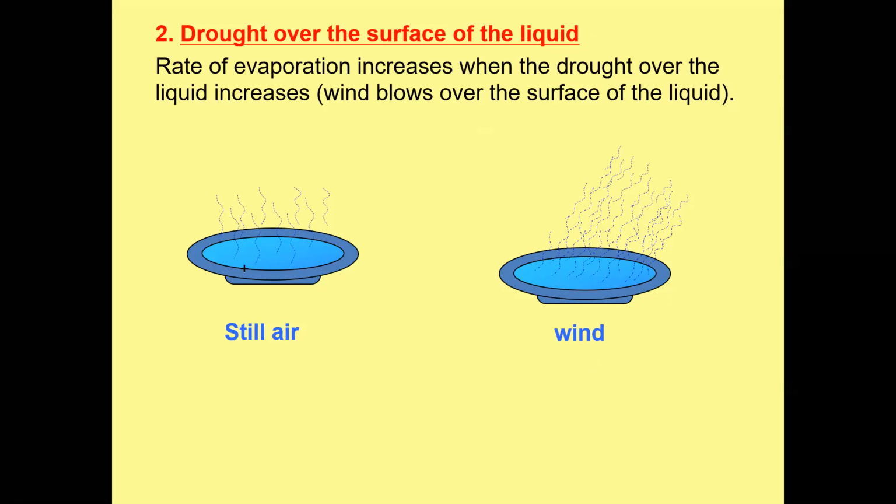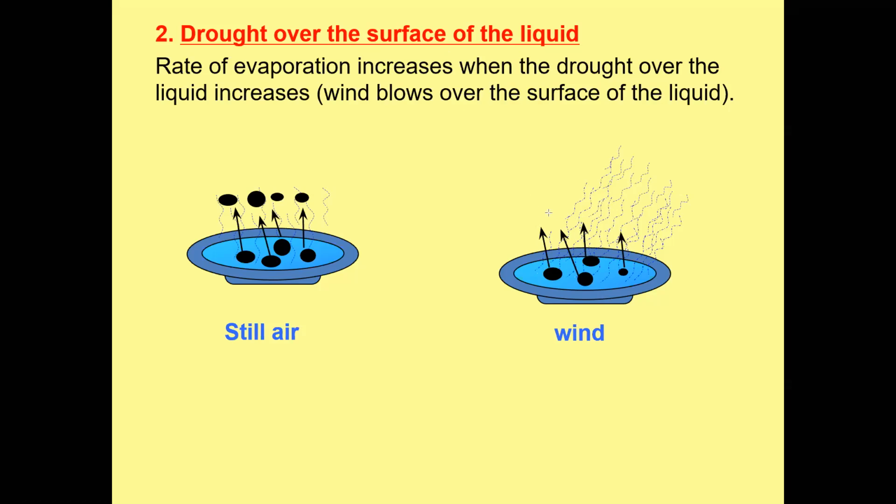Because, if these are the molecules, the particles of a liquid, when evaporation occurs, these particles will go out from the liquid surface. So now this will be the new position of the particles. Same, this is a new position of the particles.